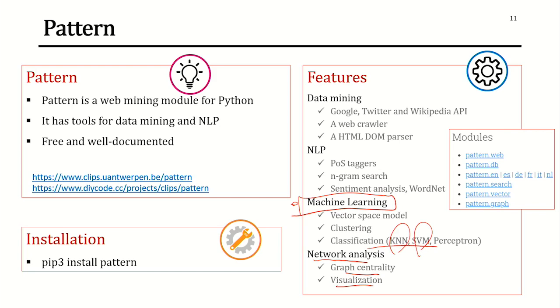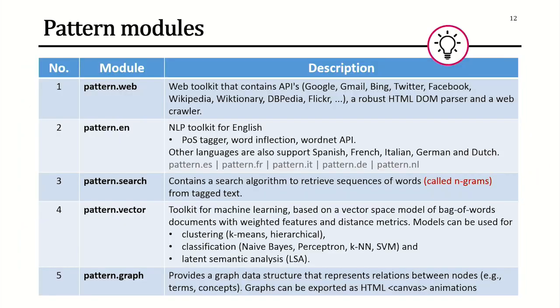And the pattern module consists of sub-modules which can be accessed individually. So in case you want to do some graph visualization, you need this sub-module to be included in your program. This table gives you more detailed information on each sub-module in Pattern.